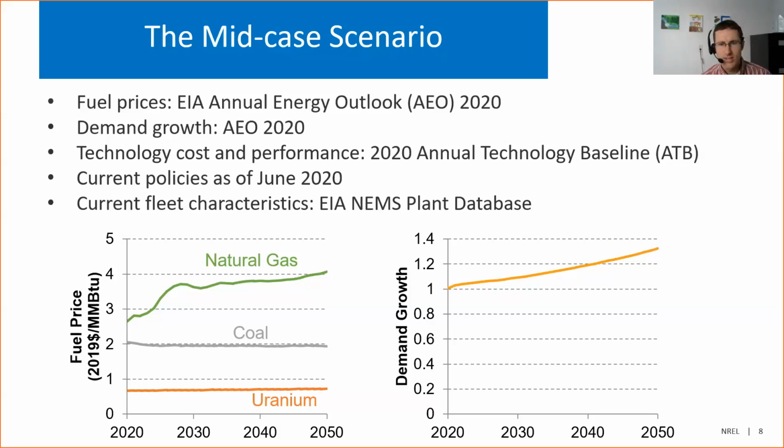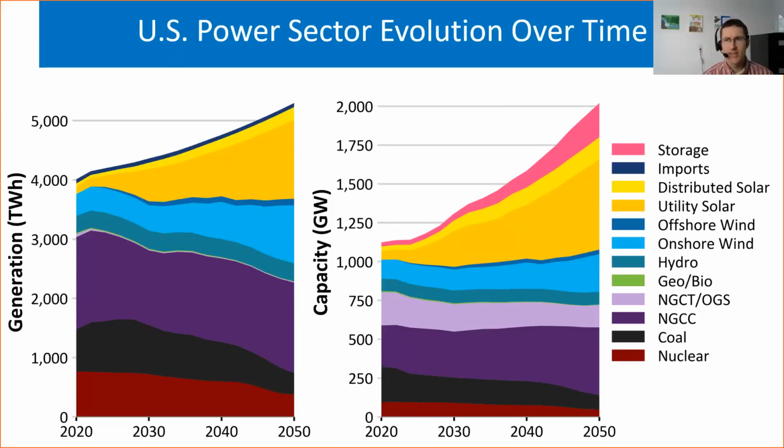And when you put all those things in, you get something that looks like this. This is the U.S. power sector evolution through 2050 using those default mid-case assumptions. You can see this is basically what the model is doing. It's saying, okay, here's what we anticipate the fuel cost and the capital costs of all these different resources are.